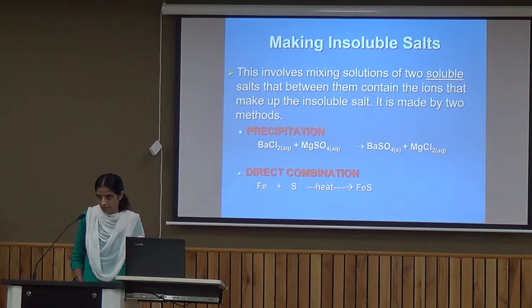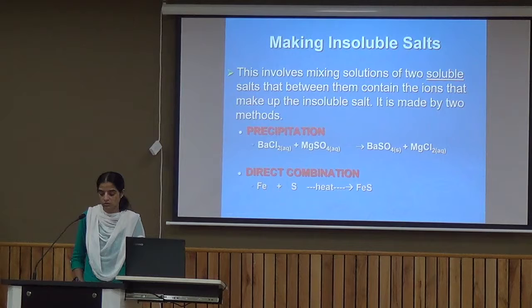First one is a precipitation reaction, where you have the salt in the form of precipitate. Like here, barium chloride is combining with magnesium sulfate. Both are soluble salt solutions. They react with each other to form barium sulfate, which is an insoluble salt, that is, which appears in the solution in the form of precipitate.